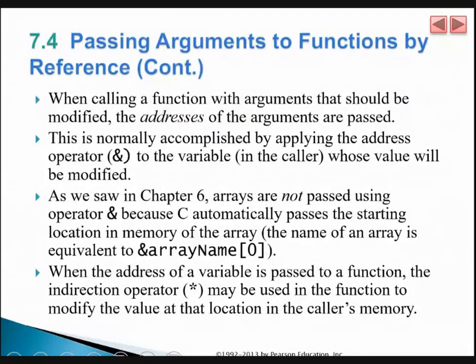Okay, so what you have to do is this: when we call a function, in the arguments we will pass the address of the argument. And how can we pass the address of the argument? We can do it using the ampersand. So suppose there is a function square, and I want to change the value of that particular variable a, and I would like to make it 10 from 5.